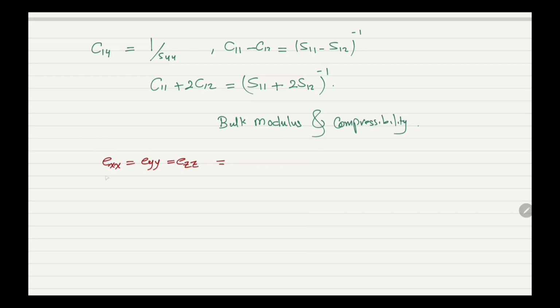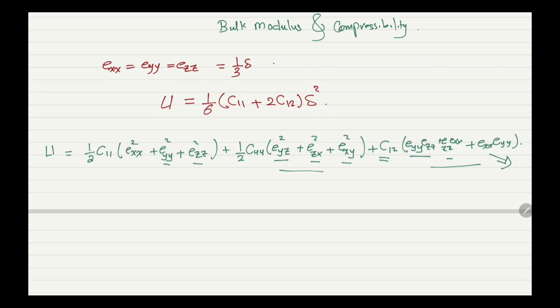And because of this equality, the dilation will be 1 over 3 delta. Now, U in this case is equal to 1 over 6 (C11 plus 2 C12) times delta square. Again, this is U, I just wrote it down here.